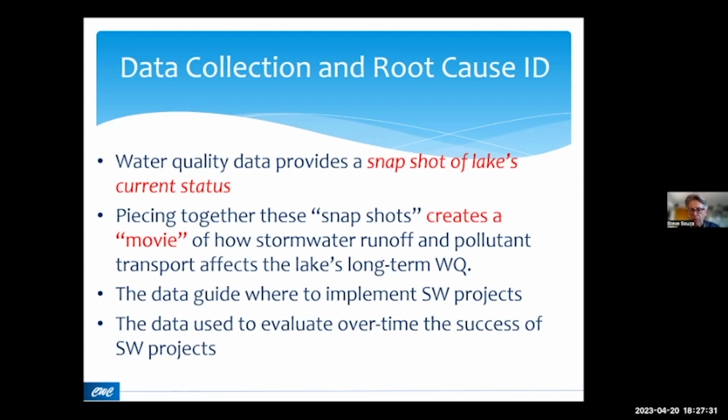And what we've seen when we've put together these snapshots of data that have been collected since the mid-70s, we see this story or this movie that shows how stormwater runoff and pollutant transport is impacting the lake's long-term water quality. Then we know, because of that data, that we need to be implementing more and more stormwater projects. And then we have used that data in the past, and we'll do it in the future, to evaluate over time the success of our various stormwater projects.